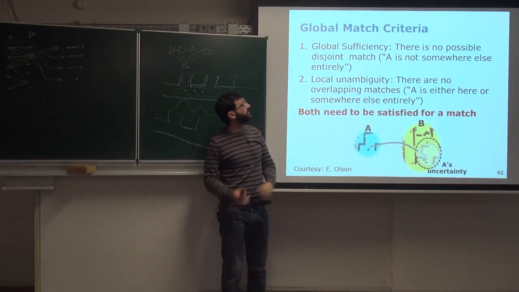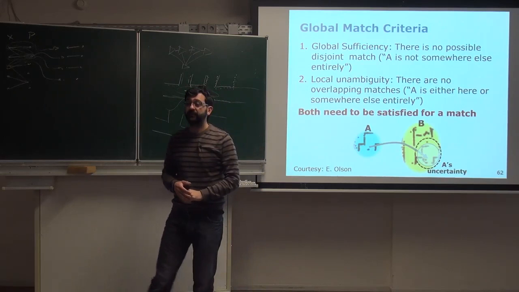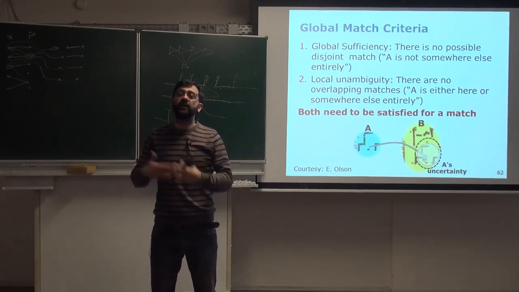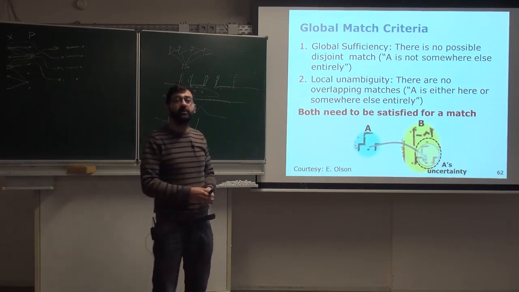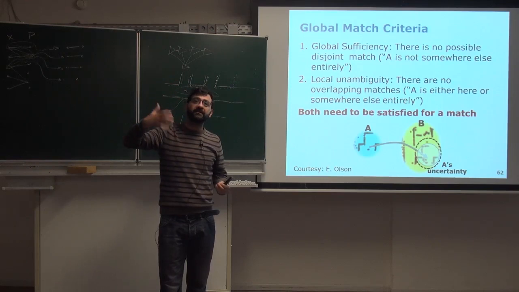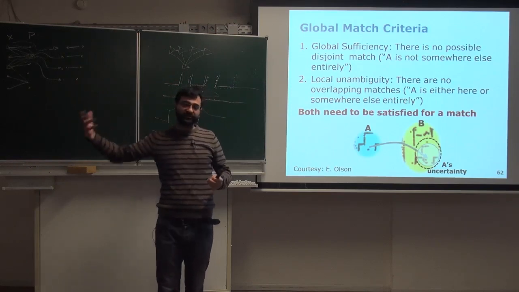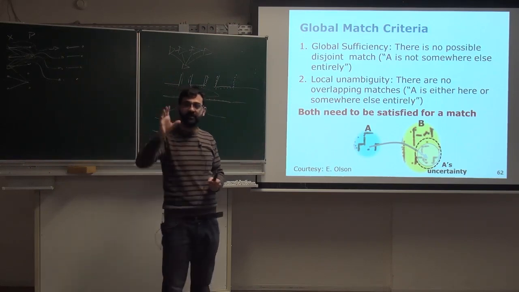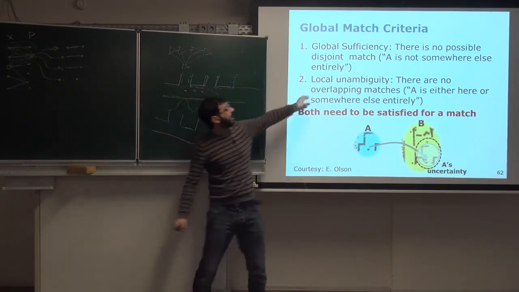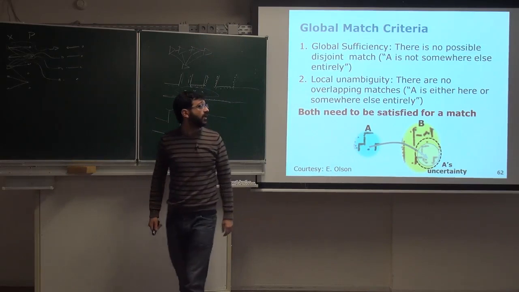So a match must be globally sufficient. Therefore, it means that there is no possible disjoint match within the uncertainty. So the size of the environment I'm comparing is at least half the size of the uncertainty in some way, so there cannot be another copy of it inside. And also locally unambiguous, so that there are no overlapping matches.